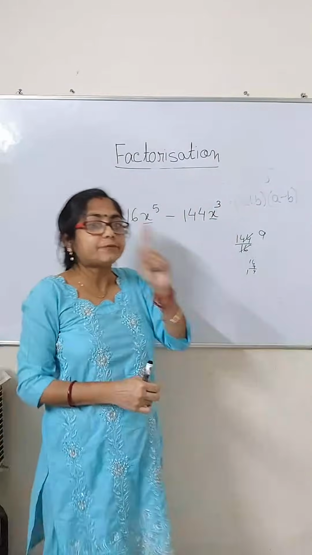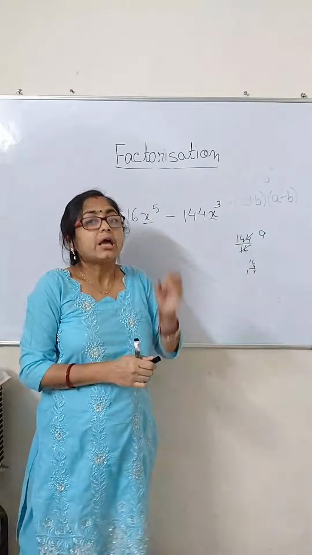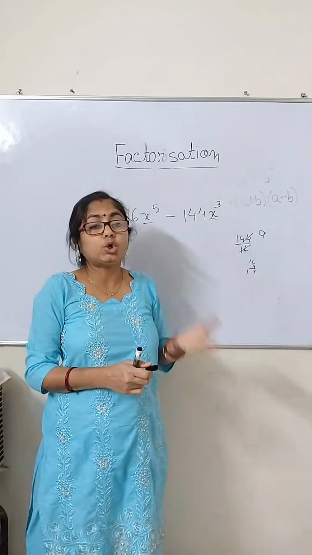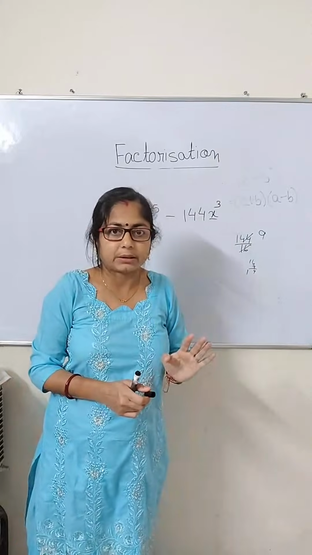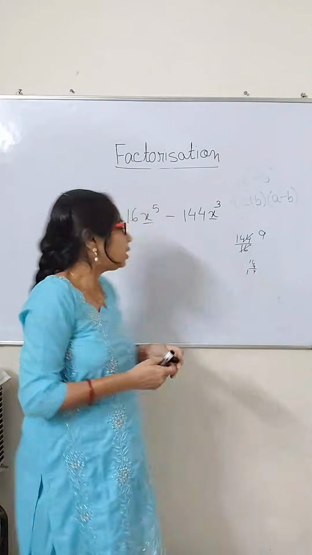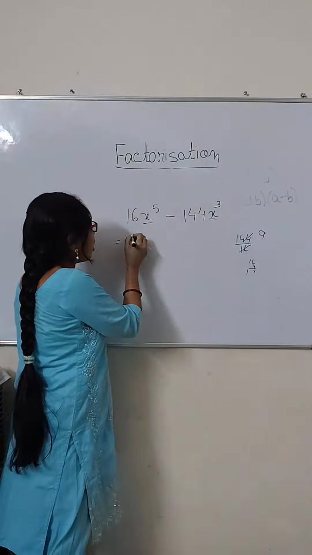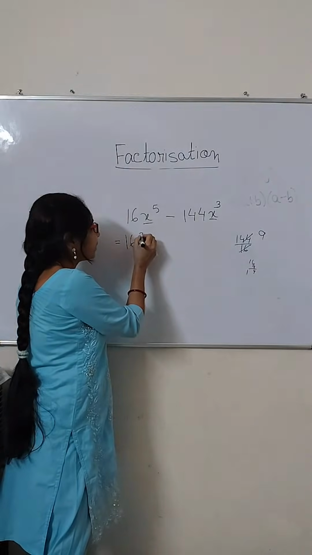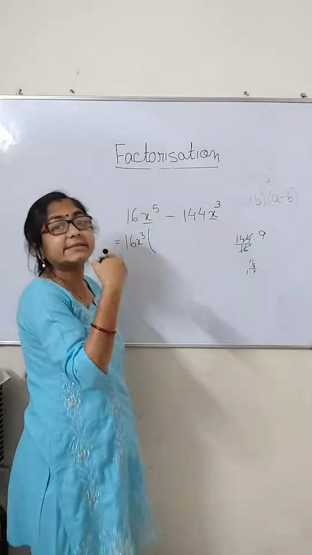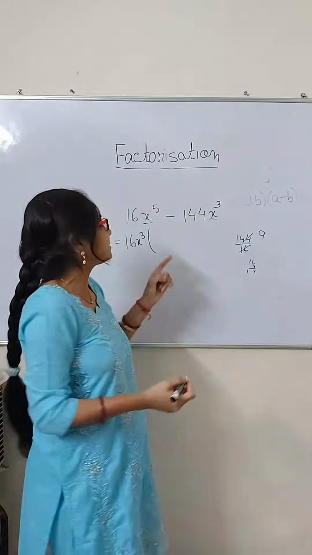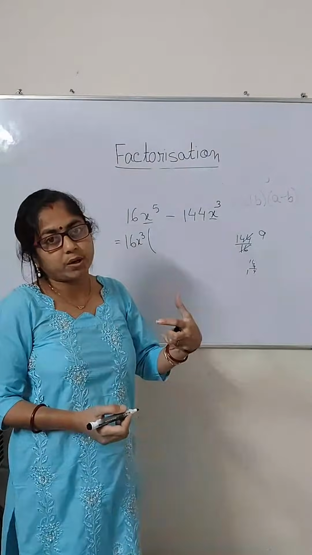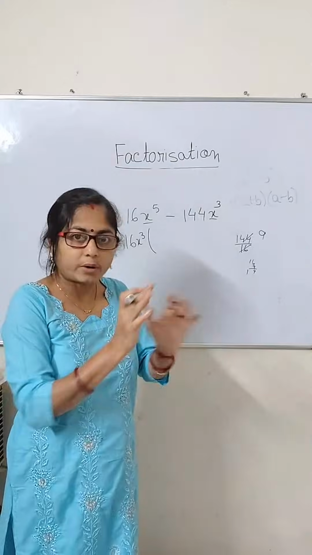So what is the first step of the factorization? If there is any common, you should take the common part. First step is this one. So I take the first common part. Okay. Now what's the second part? What is the rest? I write this one. Then I apply the formula and everything.